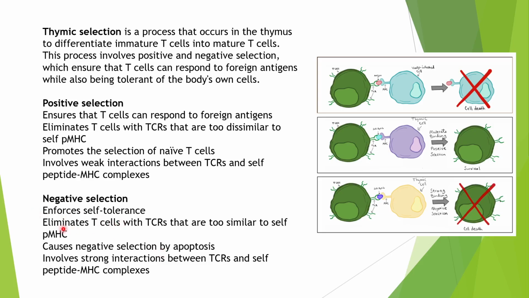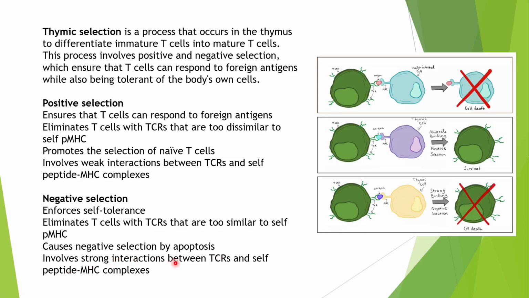So if there is strong binding and it's too similar to your peptide MHCs, and it recognizes your own self cells very effectively with stronger binding, so that further immune cell response might be triggered, then this cell will be harmful to your body. So that's why this cell should now be eliminated by negative selection.